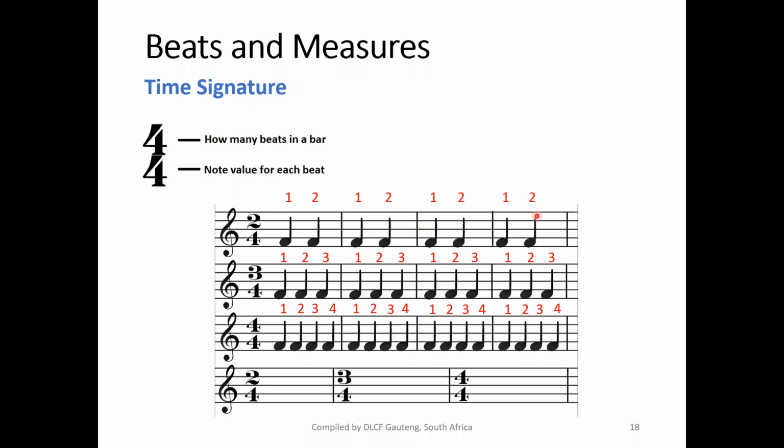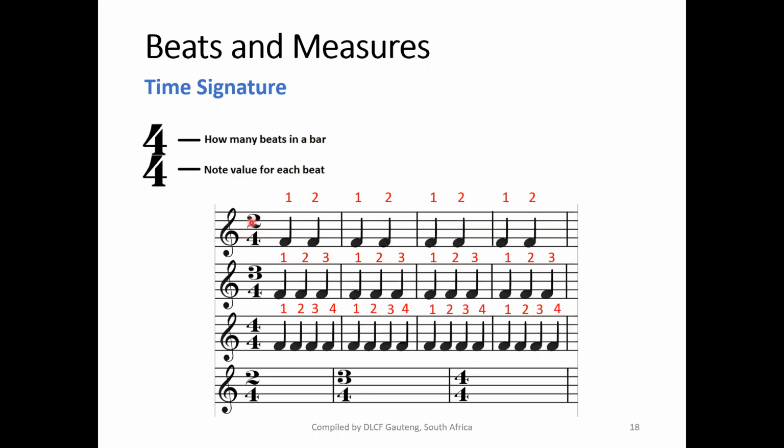So it tells us we have two beats in a bar. So if you notice, 1, 2, 1, 2, 1, 2, 1, 2. Now the bottom number 4 tells us that the quarter note takes one beat.